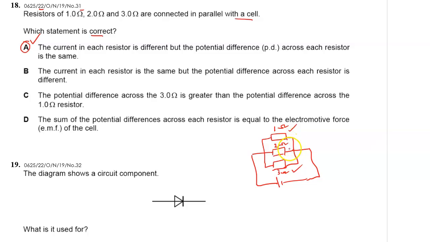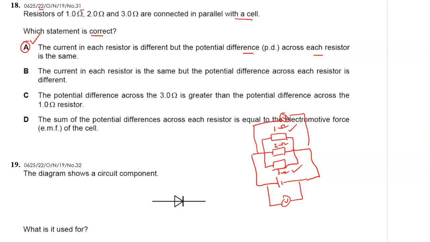Then some current between what is flowing in resistor 1 and resistor 3 will flow through the 2 ohm resistor, but the PD across each of the resistors is the same, because when you connect a resistor in parallel to the cell, this resistor will have the same voltage as the one given by the cell. So if you connect individual voltmeters across each resistor, you will have the same reading. So that's why it's correct.